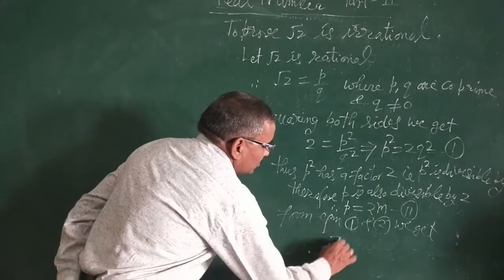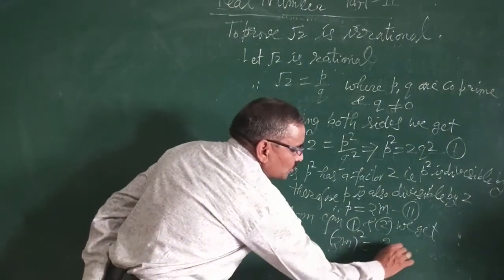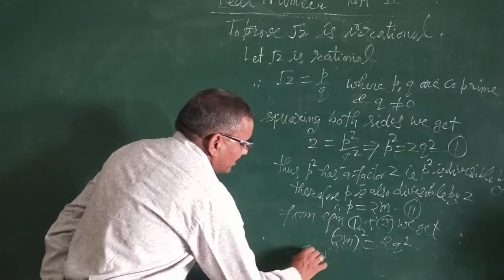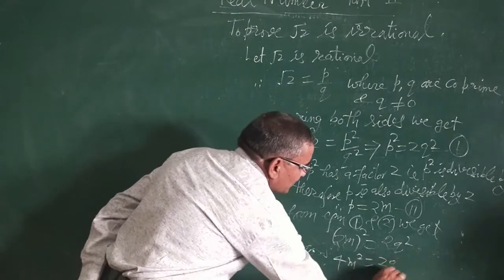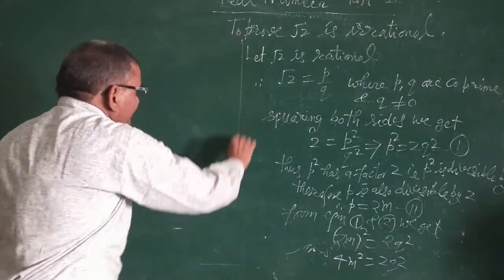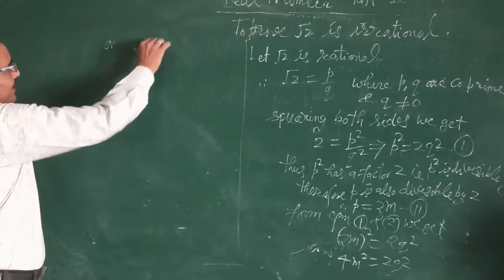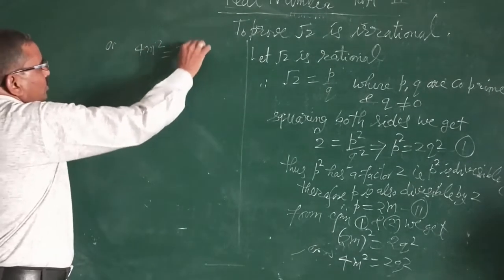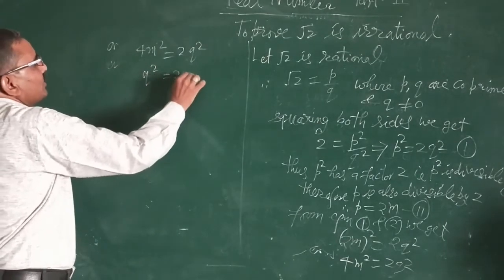Here 2m whole square is equal to 2q square, or 4m square is equal to 2q square, or q square is equal to 2m square.